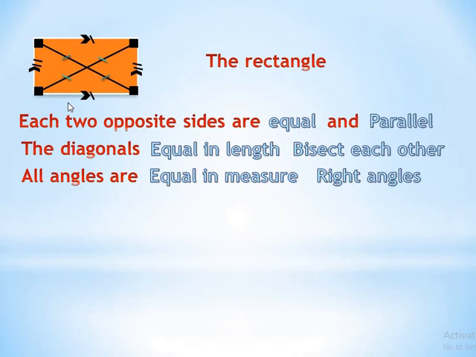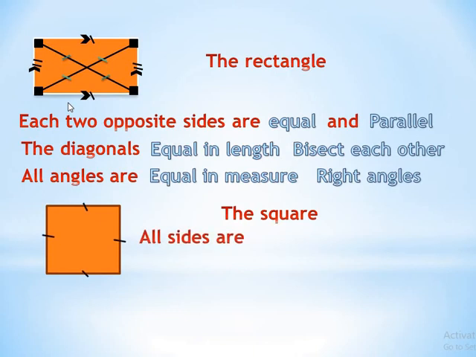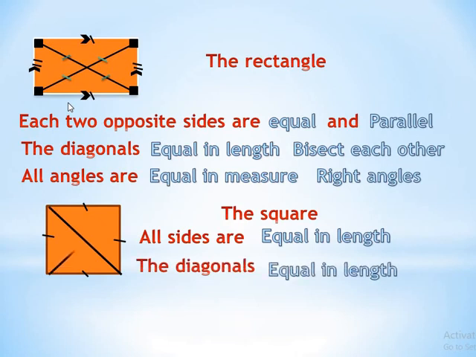If we have the same properties as the rectangle, but we have equal sides, it will be a square. So in a square, all sides are equal. What about the diagonals? The diagonals are equal in length.